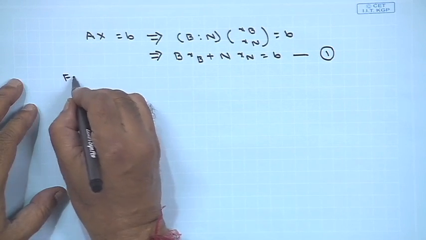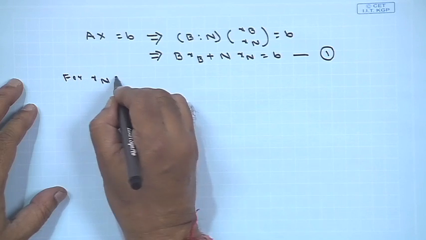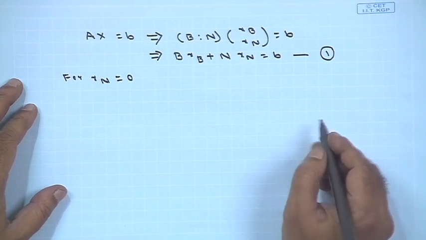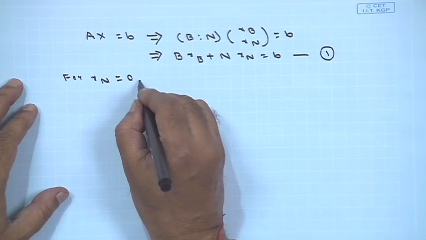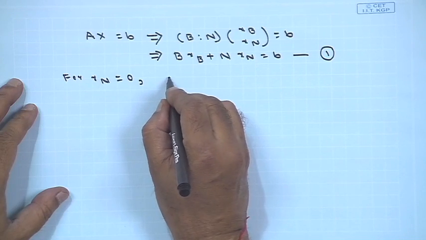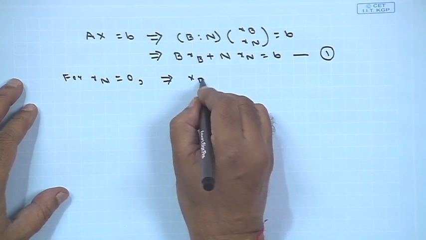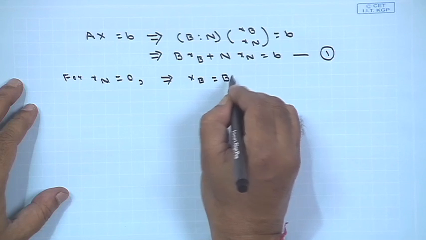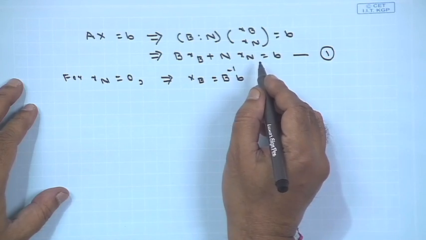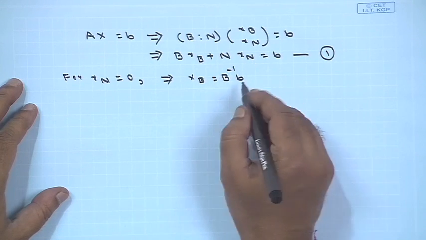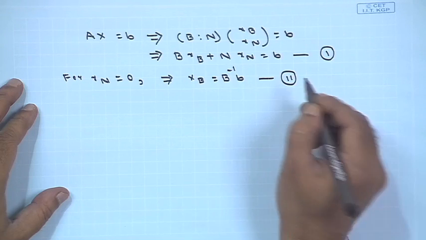Now, whenever xN equals 0, this implies that xB equals B inverse B. From here you can write this; say this is equation number 2.